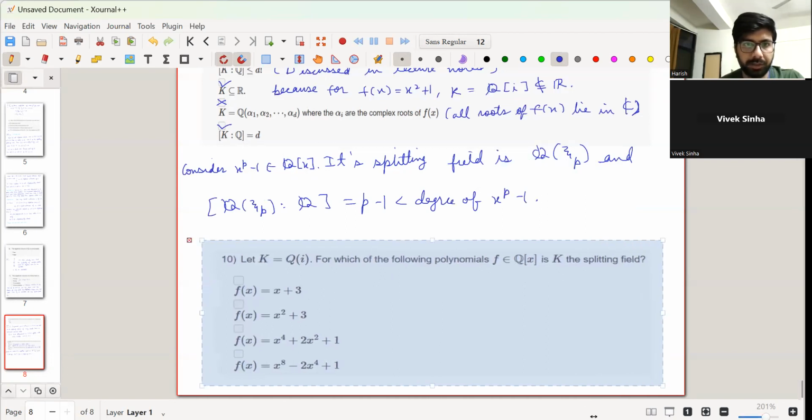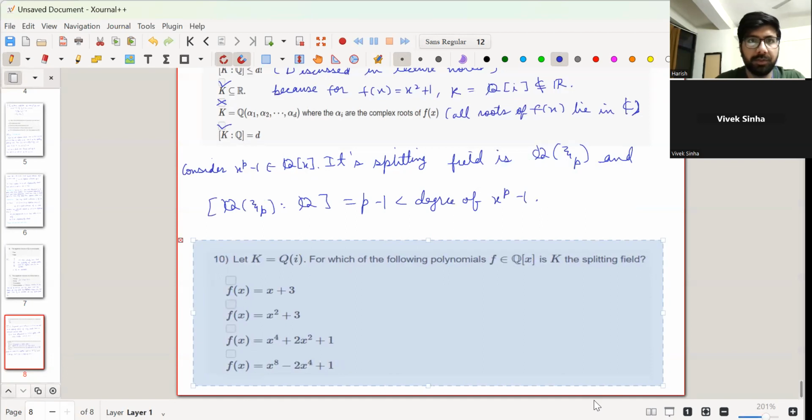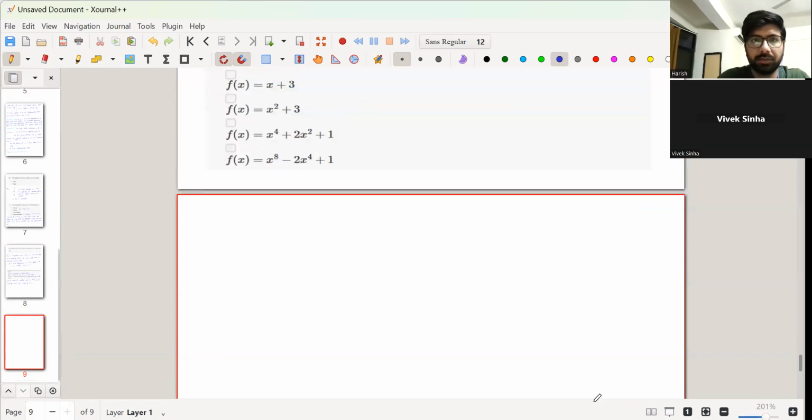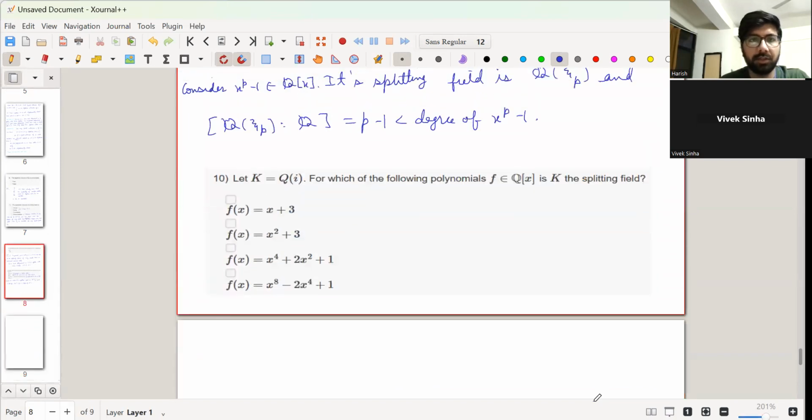For each of the following polynomials f(x) belonging to Q[x], is K the splitting field? So this is the field, and for each polynomial we want to see whether K is a splitting field.